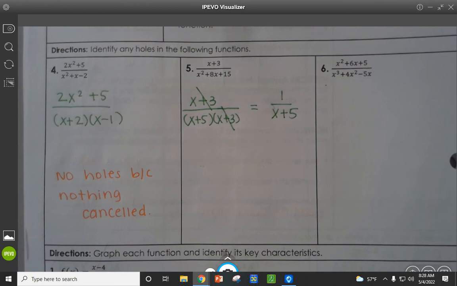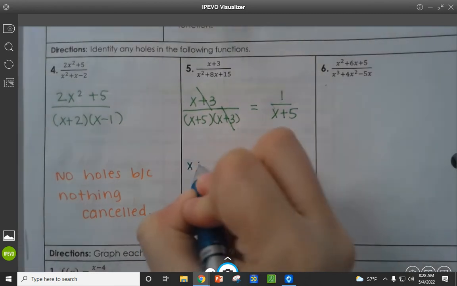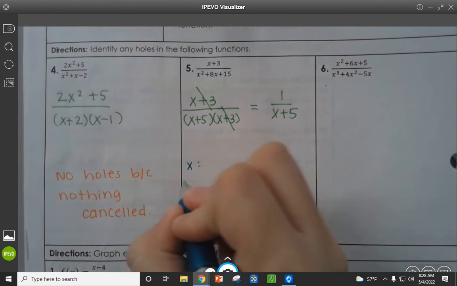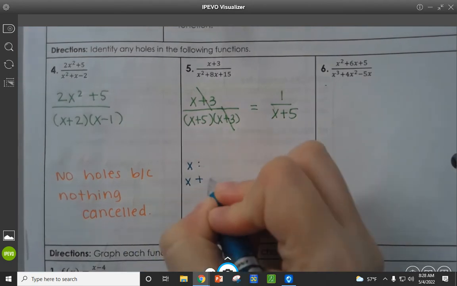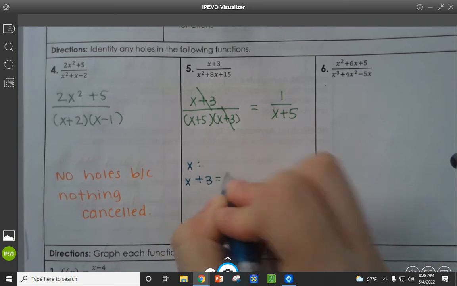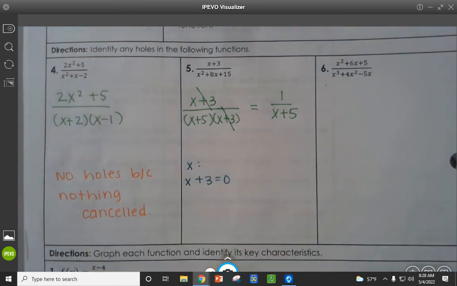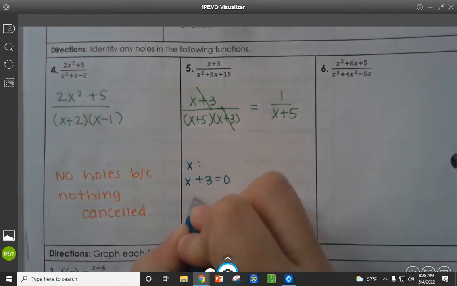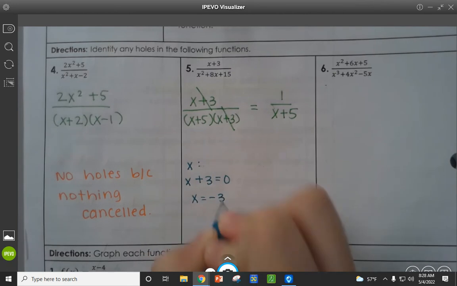So this one is going to have a hole. To find the x value of the hole, we do x plus 3 equals 0. So the part that actually canceled is what we set equal to 0. And so we got x equals negative 3.